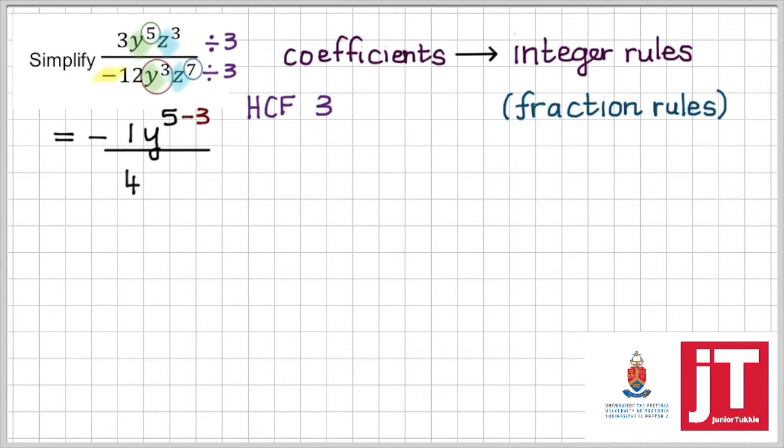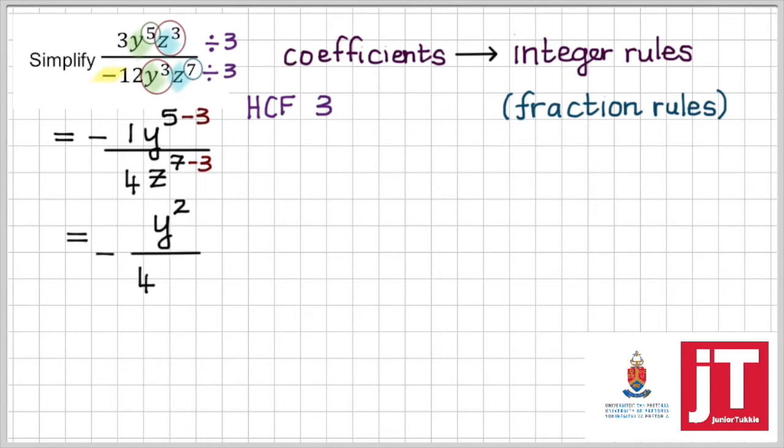So here we would like to move z to the power of 3 down, because in the end we would like positive exponents. So we have z to the power of 7 minus 3, and this takes place in the denominator because we are moving z to the power of 3 down into the denominator.